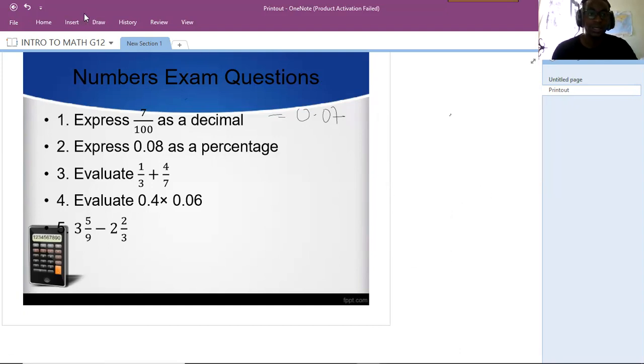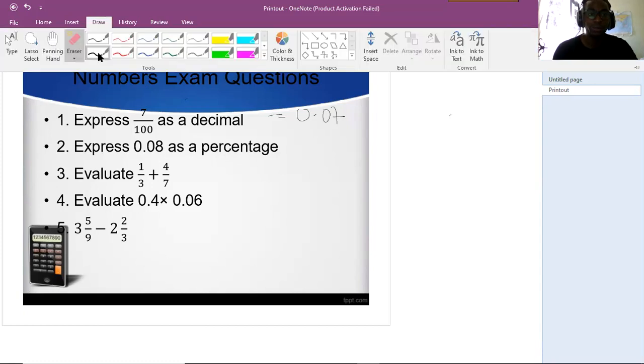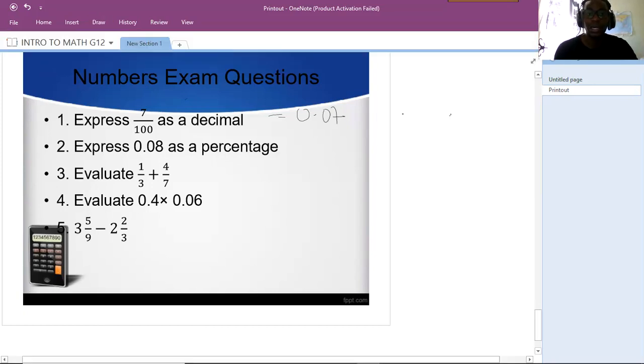Question 2 says express 0.08 as a percentage. So a percentage is any number that's divided by 100.